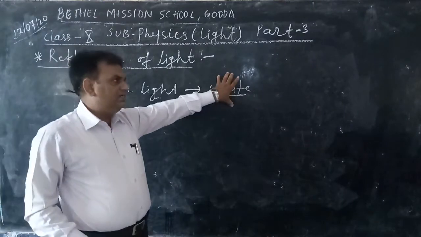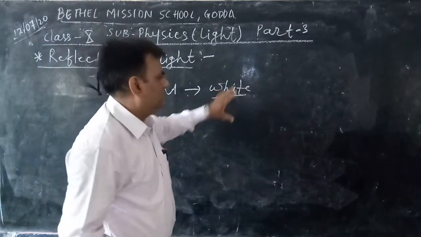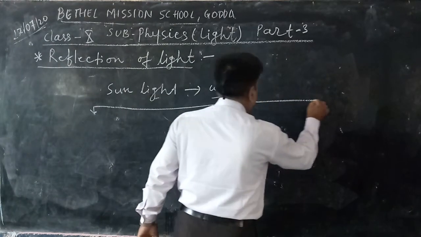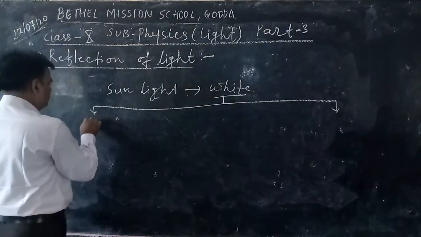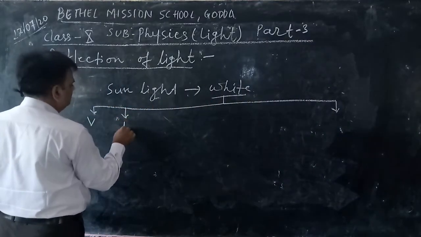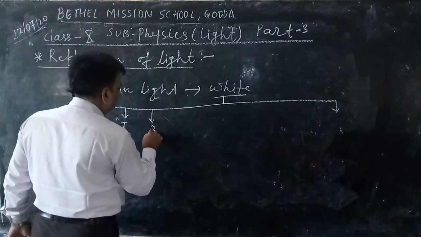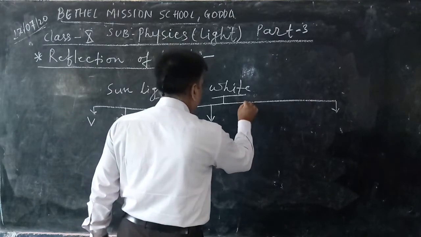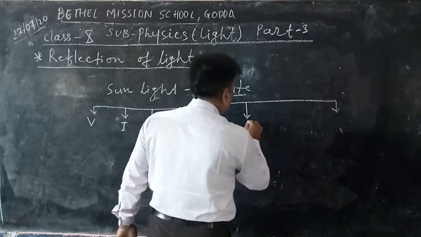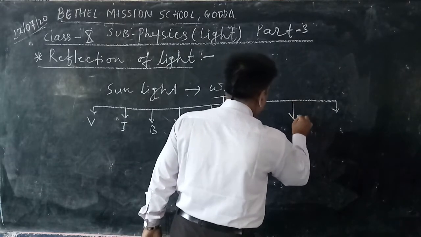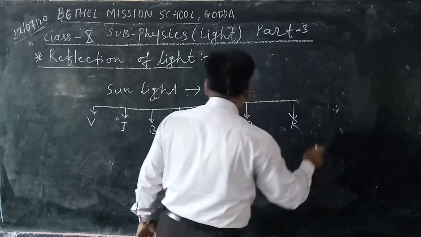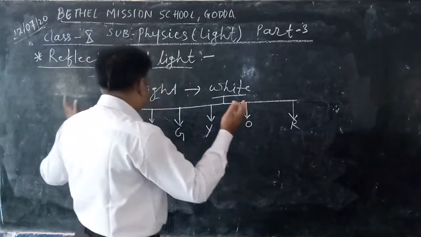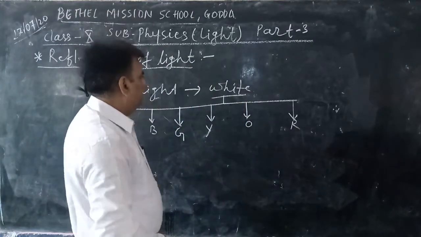This white light is a mixture of 7 different colors, known as VIBGYOR: violet, indigo, blue, green, yellow, orange and red. These are the 7 colors of light. When these 7 colors mix in a fixed proportion, the color of the light becomes white.